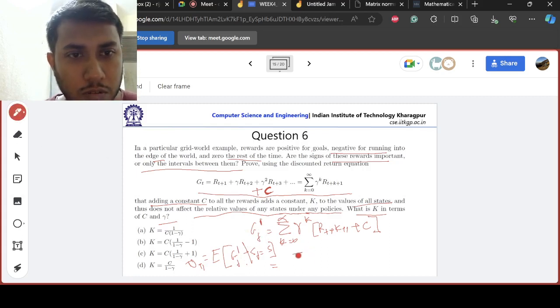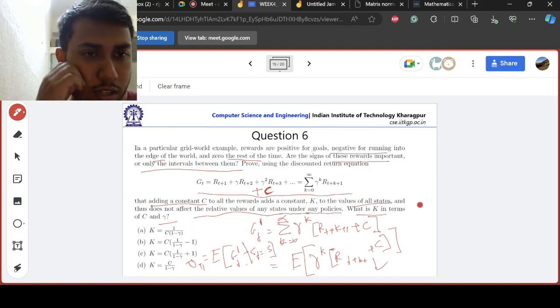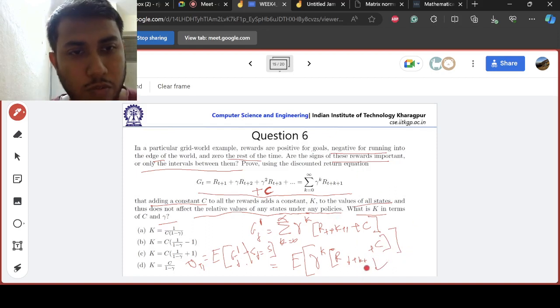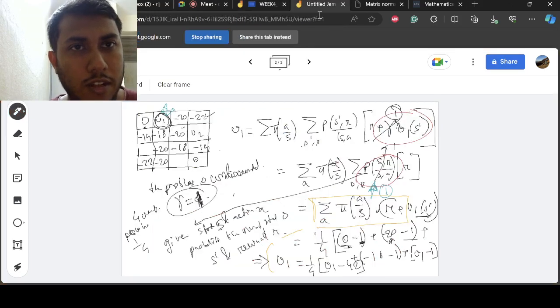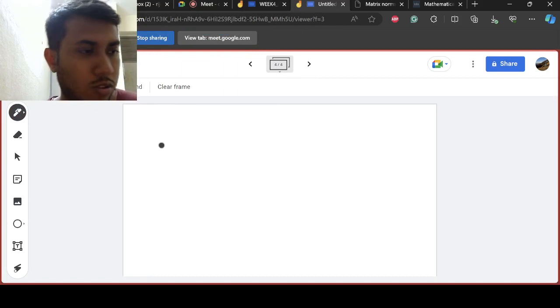Okay, so now what we can do is we can write the expectation as gamma to the power k, r t plus k plus 1, plus c. And we can just rearrange it. So we can use the sum property of the expectation and do it like this.